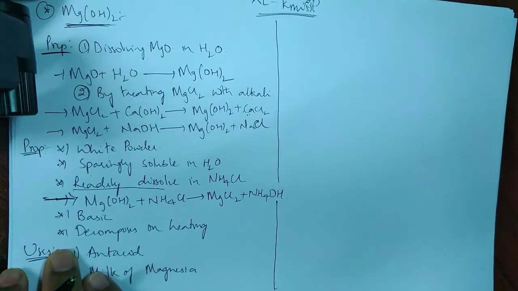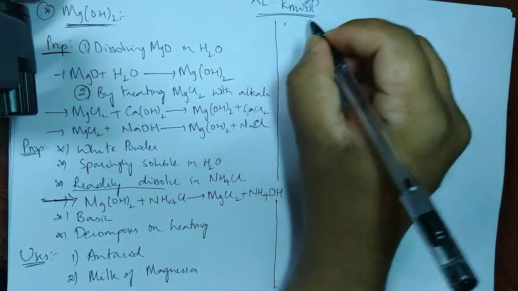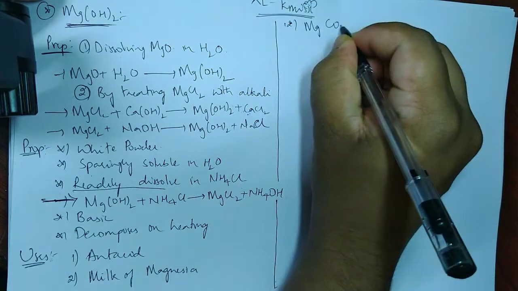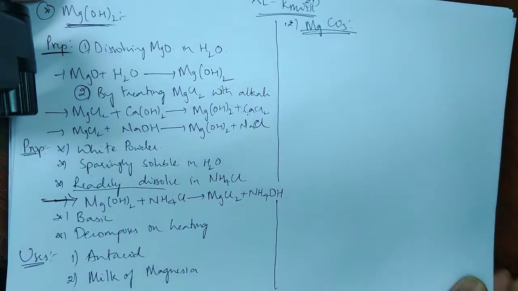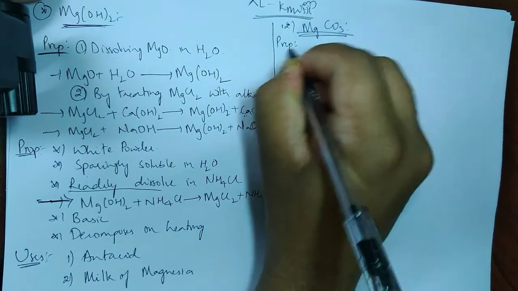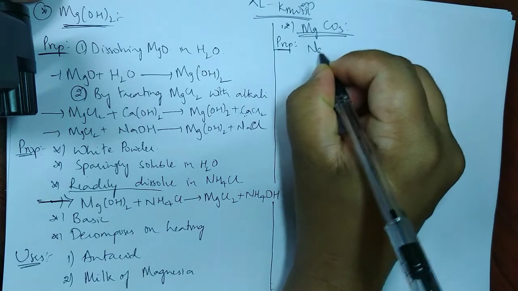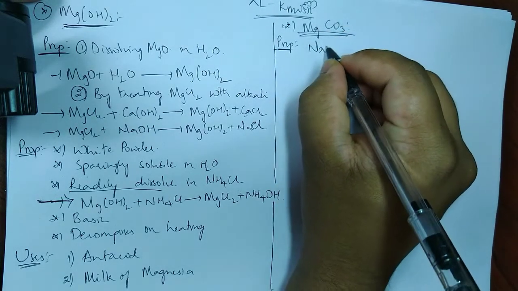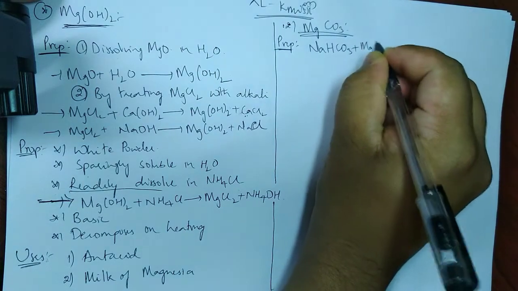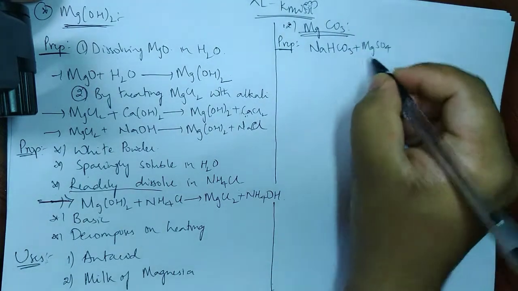And then we have magnesium carbonate. Preparation as usual. Magnesium carbonate can be prepared by treating sodium bicarbonate with hot magnesium sulfate.